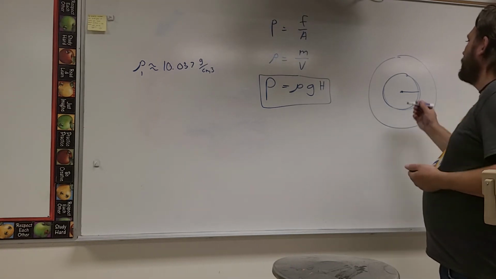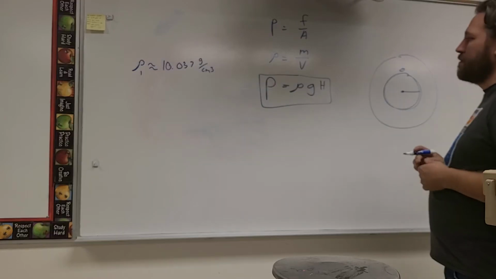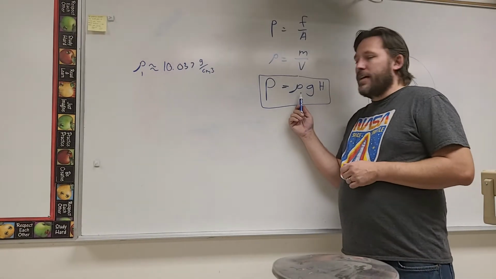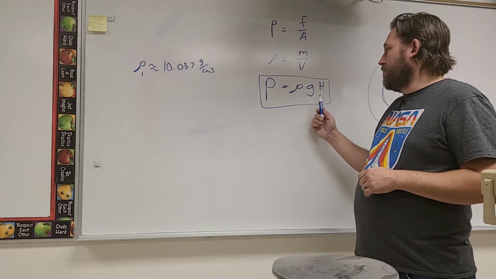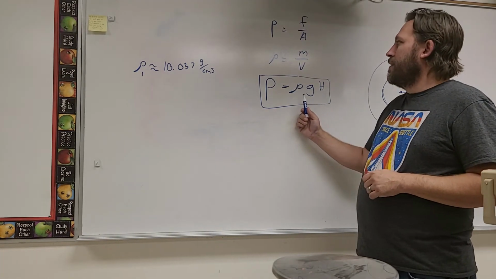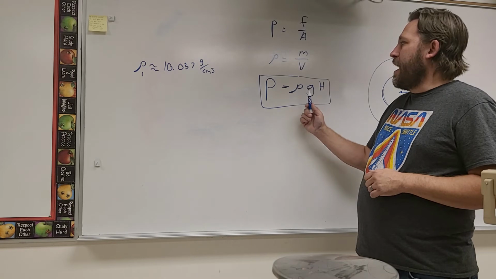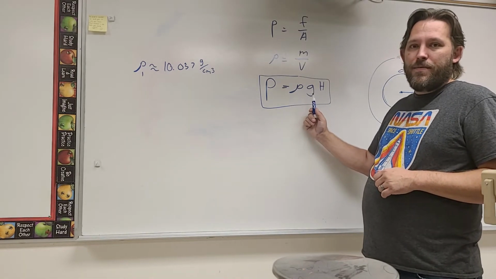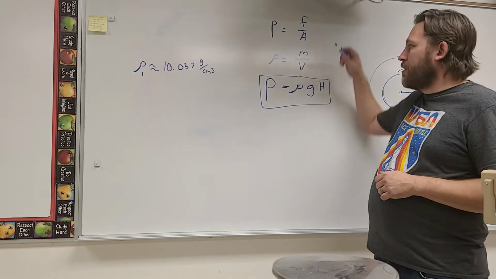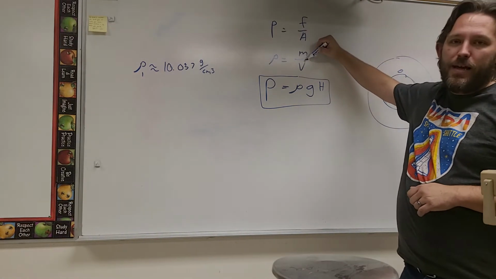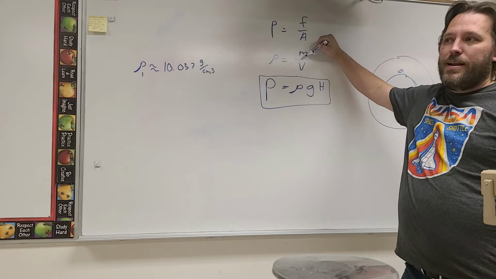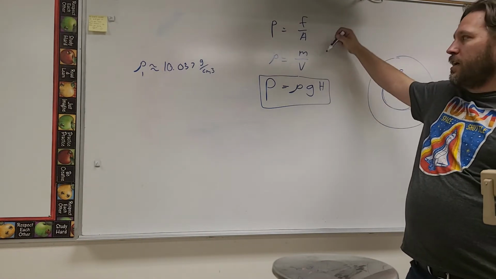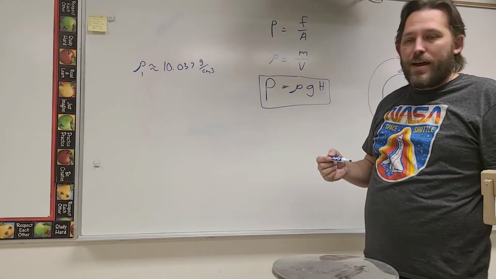Finding the pressure for an individual object, you can do that as well. Now, if you look closely at this formula, once again, it does not give you the area of the object. It doesn't give you the area or the volume. Now you could make the argument, well, volume is up here in this formula. So if I increase volume, isn't it going to change our pressure on that object?